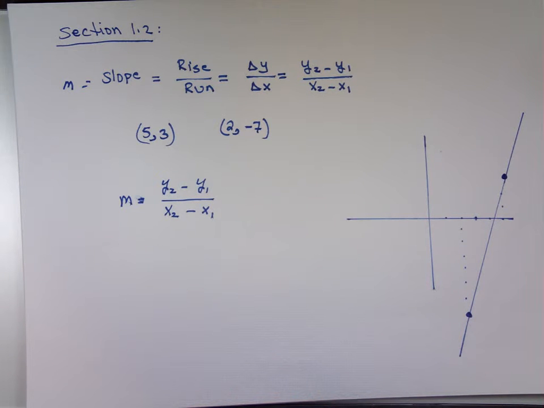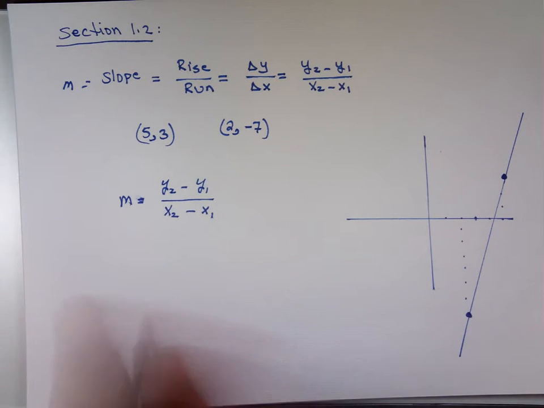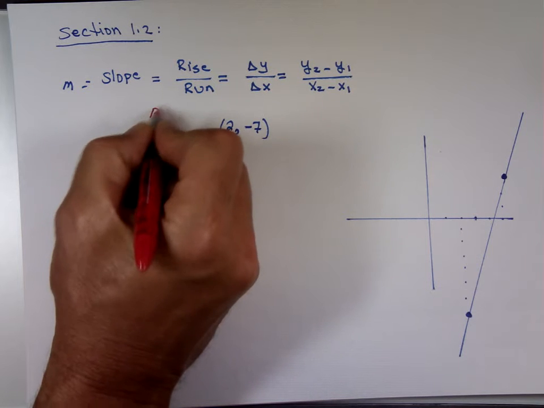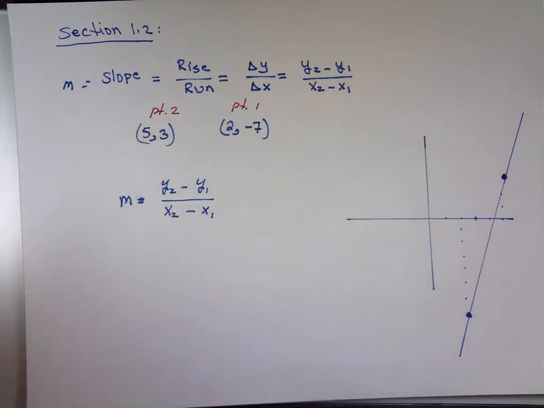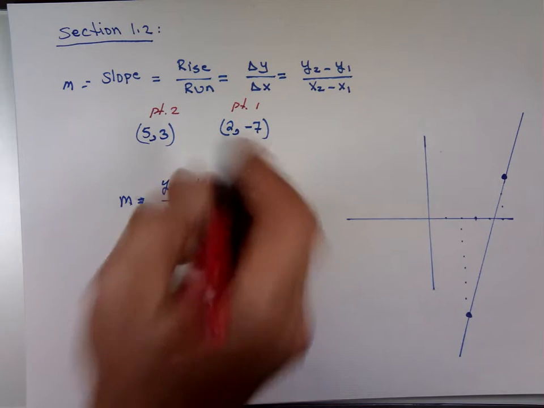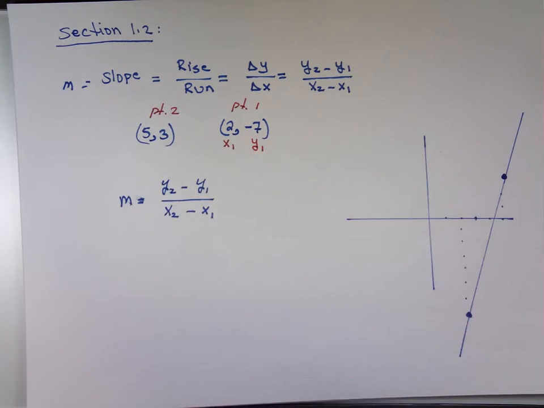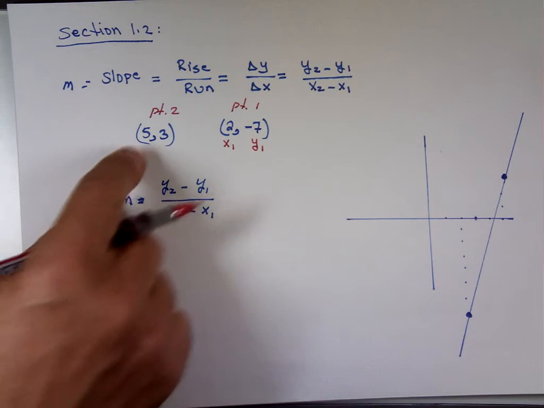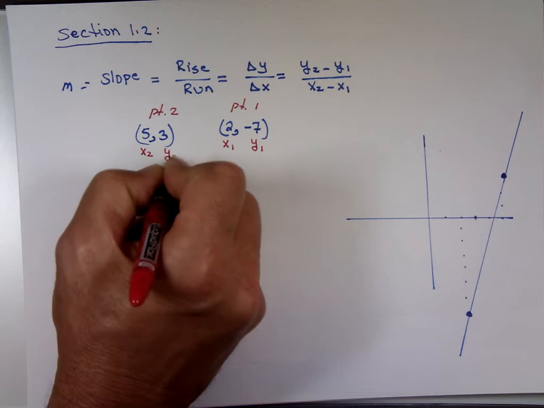Most normal people will say that's the first one, point 1, and that's point 2. Since there's nothing normal about me, I'll call this point 2 and that's point 1, just to be different. Doesn't make a difference, your answer is going to be the same. If I call this point 1, this is the x value of point 1, that's the y value of point 1. If this is point 2, this is the x value of point 2, that's the y value of point 2.